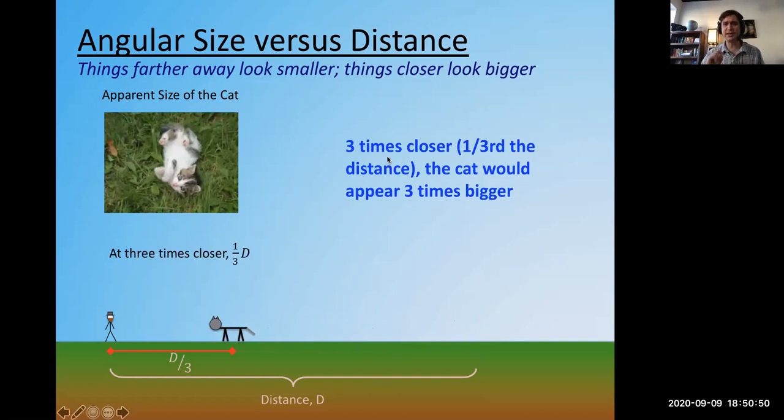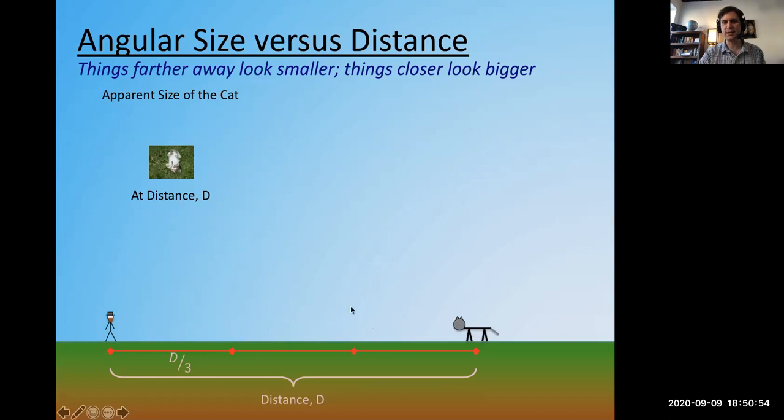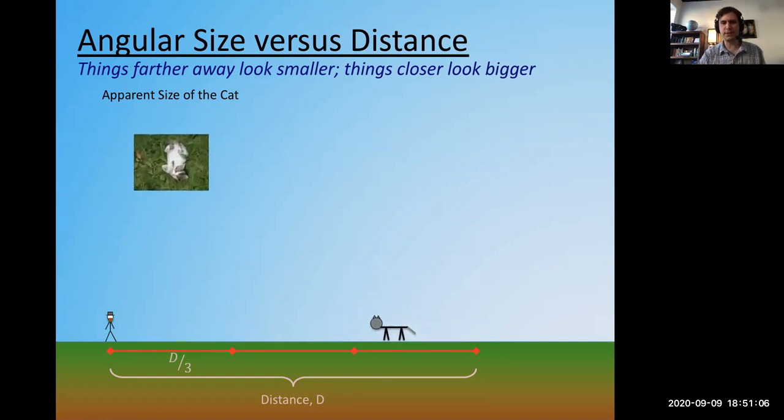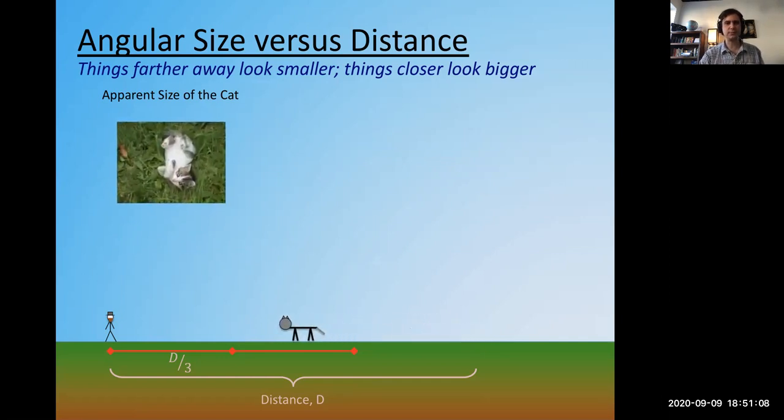Notice saying 3 times closer is the same as taking this distance and moving it to 1/3 the original distance. That would be the same as 3 times closer. So 3 times closer is the same as 1/3 the distance. So I'm moving the cat 3 times closer.